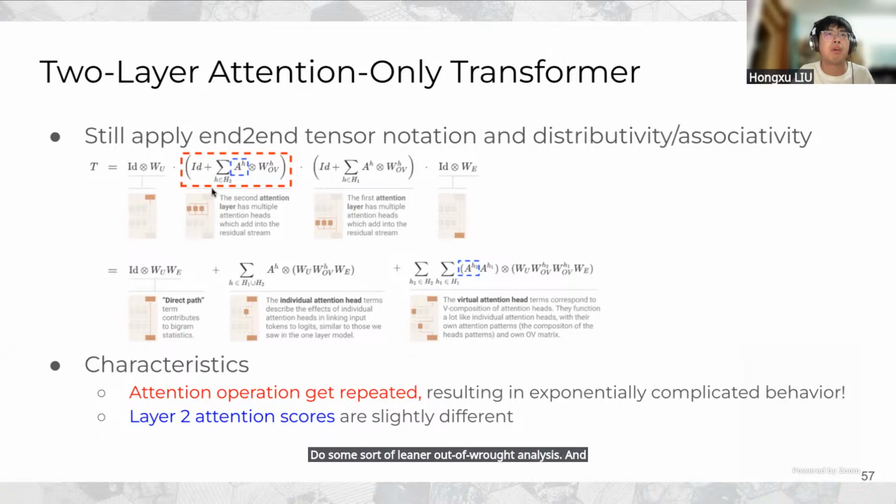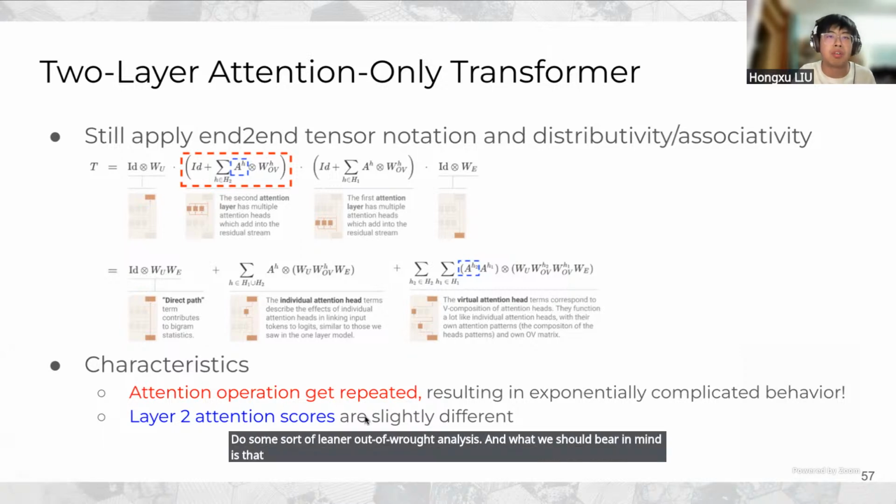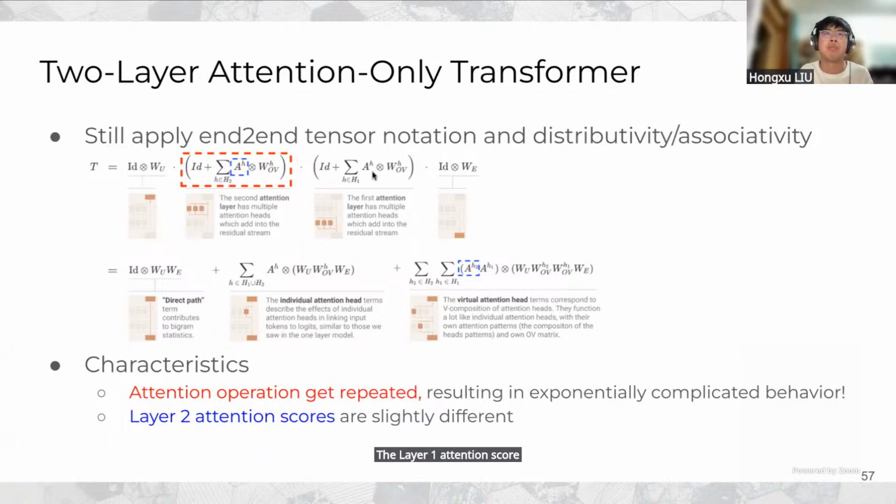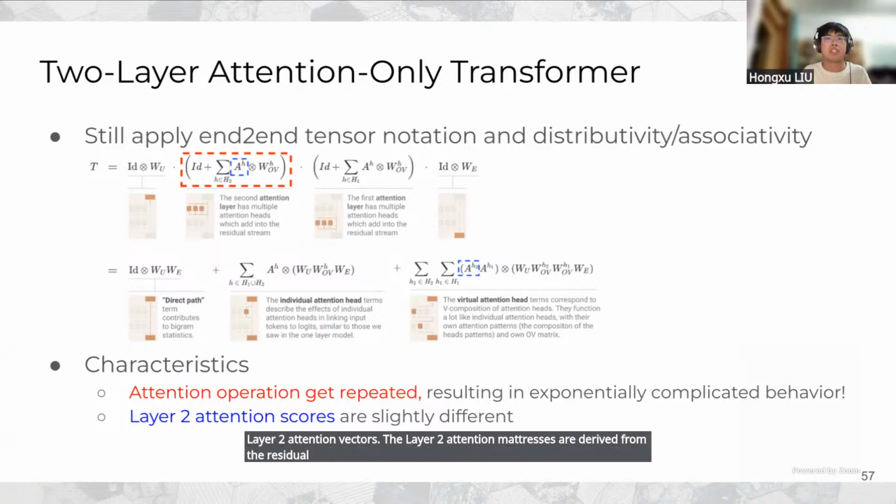What we should bear in mind is that layer 2 attention scores are not so simple. The layer 1 attention score, which I have explained before, can be derived directly from the one-hot token vectors, while the layer 2 attention matrices are derived from the residual stream after the first layer.